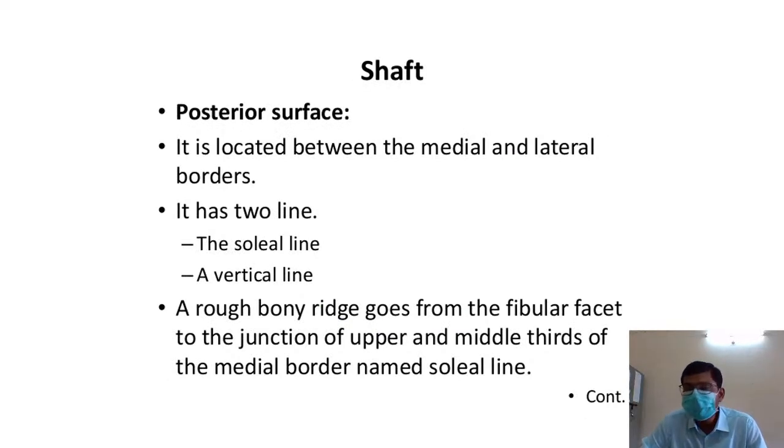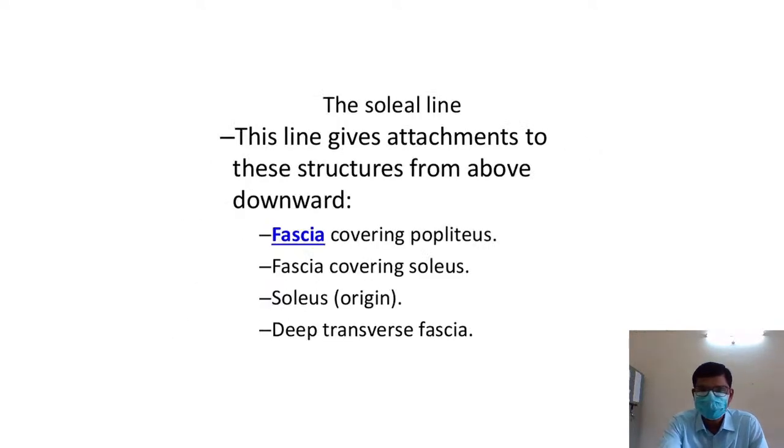Coming to the posterior surface, it is located between the medial and the lateral borders. It has 2 lines, one is called the soleal line and the other is called the vertical line. A rough bony ridge goes from the fibular facet to the junction of the upper and middle thirds of the medial border, named as the soleal line.